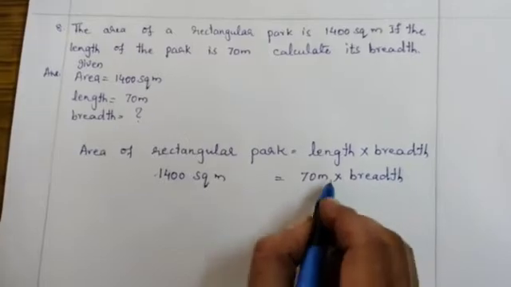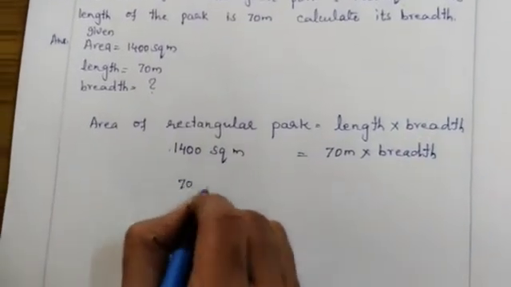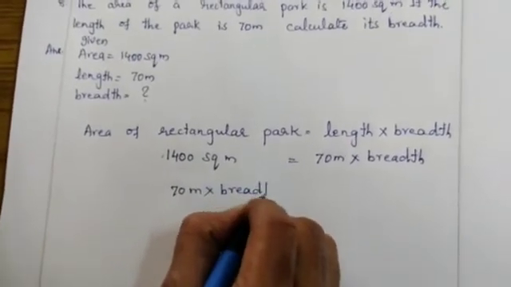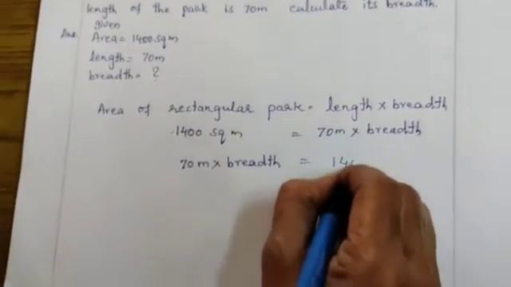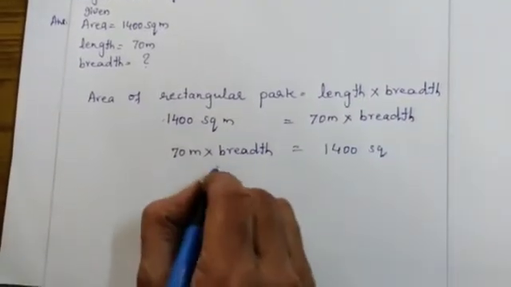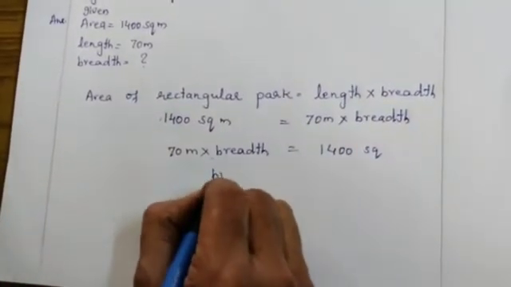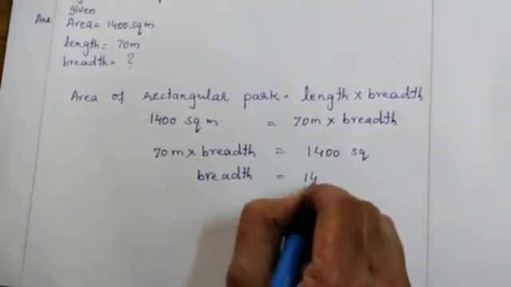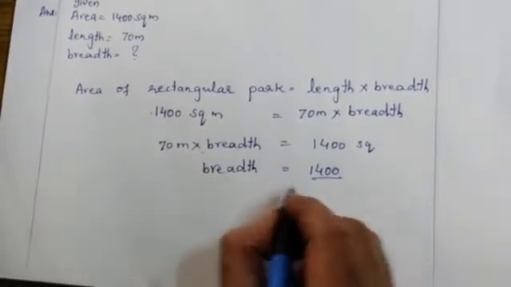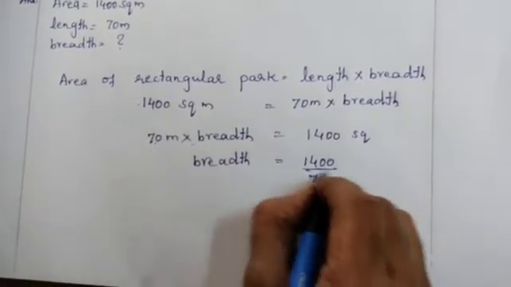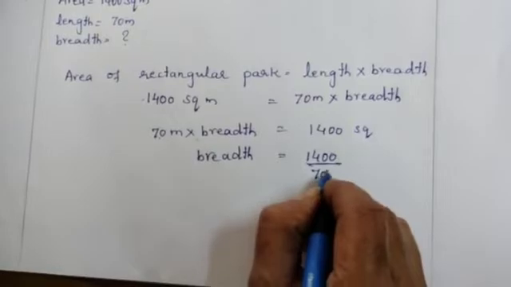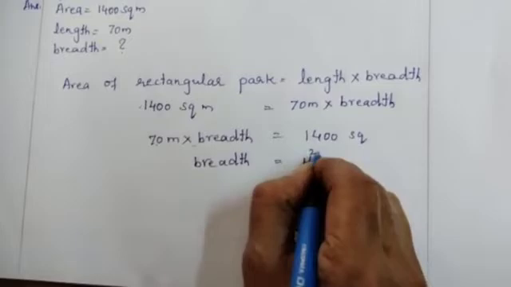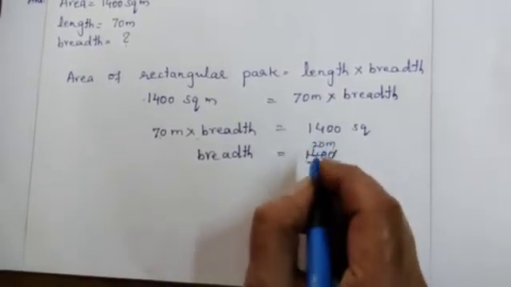So 70 meter into breadth is equal to 1400 square meter. Now we have to find breadth, so we will write breadth is equal to 1400 divided by 70 meter. So 0 0 cancel, 7 twos are 14, 0 as it is you write.